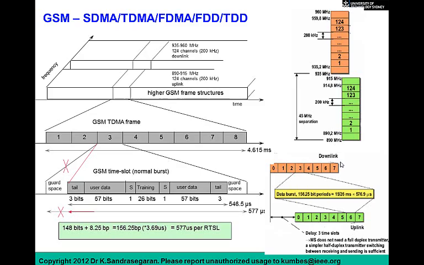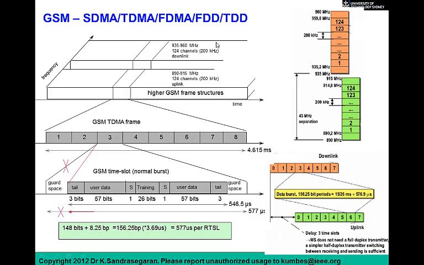If there was no separation between uplink and downlink transmission, you would have to simultaneously transmit on the uplink and receive on the downlink. So to achieve this separation, there is usually a delay of 3 time slots between transmission on the uplink and reception on the downlink. Okay, so here there are some aspects of TDD.